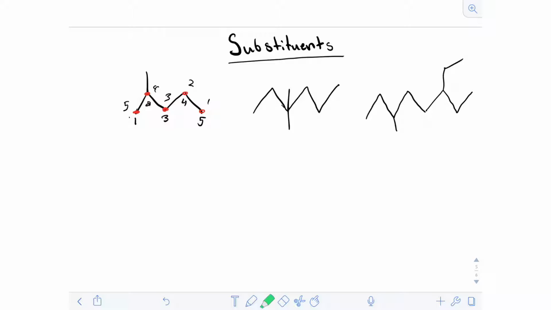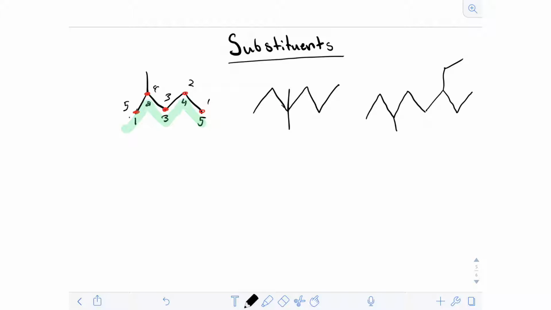As you can see, this bottom row puts the substituent, which is that top methyl hanging off that chain, as the lowest substituent.